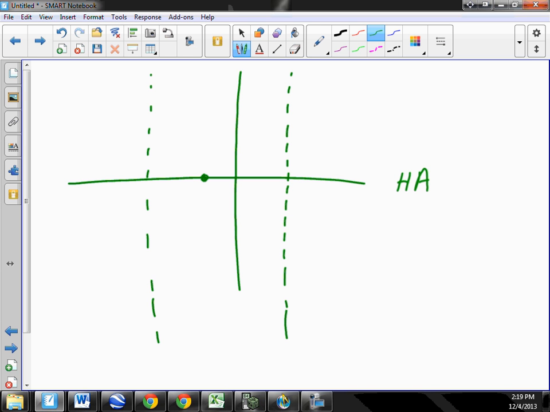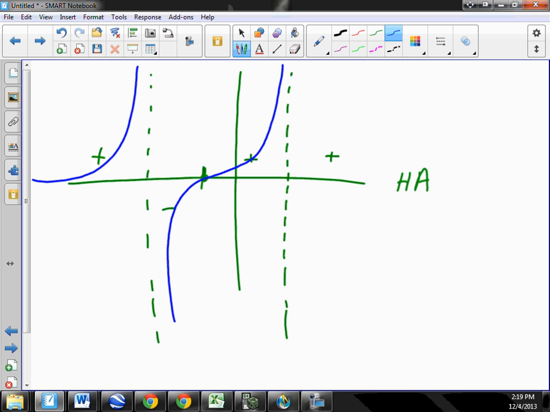On the edges, way out there near infinity, you can't. So if you plugged in the numbers and you got positive, you have to plug this in. So negative, positive, and positive, the graph would look like this. So you can pass through that horizontal asymptote. Okay? So let's work one.